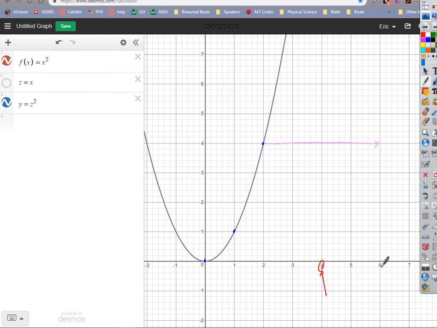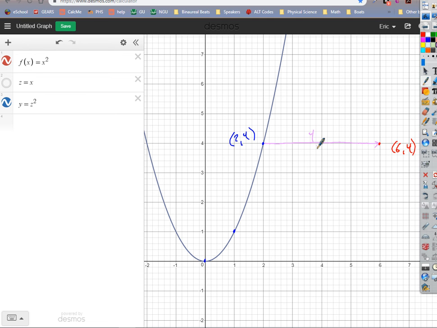Instead of seeing a 6, I need it to think that it's seeing a 2. See the trick? The coordinates at this point are 2, 4. I want the coordinates instead to be 6, 4. I want to take the whole thing, all the infinite points on this function, and slide them all to the right.